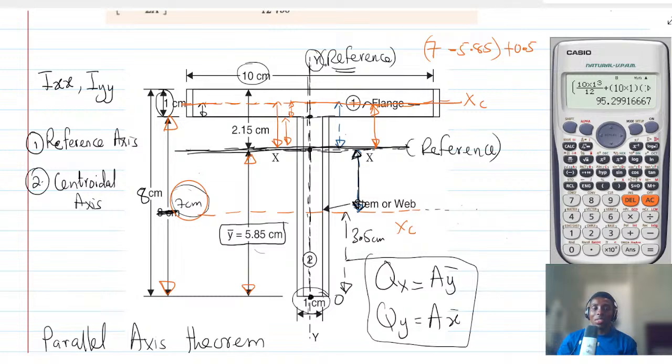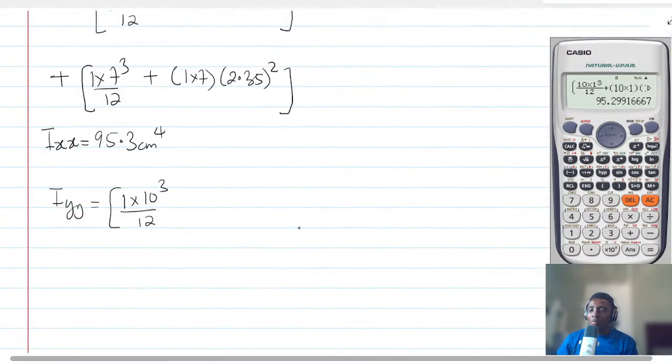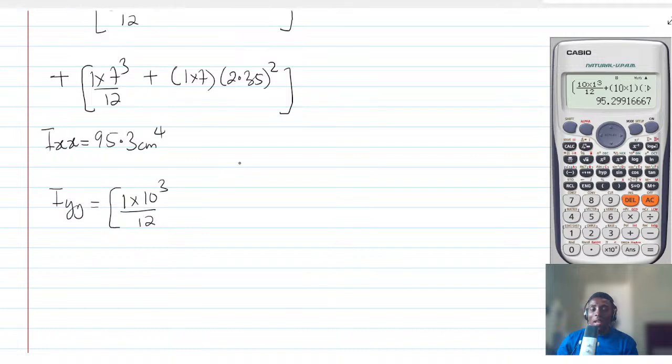You can see that the Y axis passes through exactly on the same axis. Look at it carefully. So what do you see? So clearly we can say that it's 0. That's all.